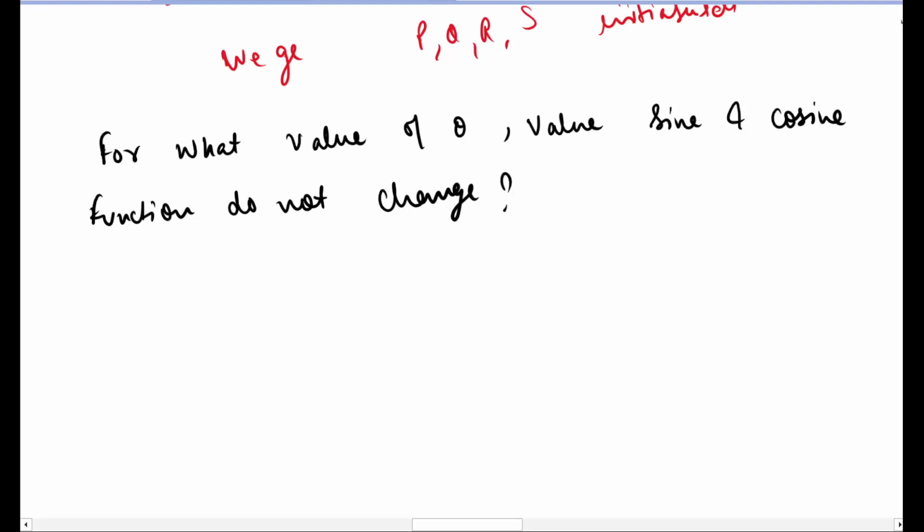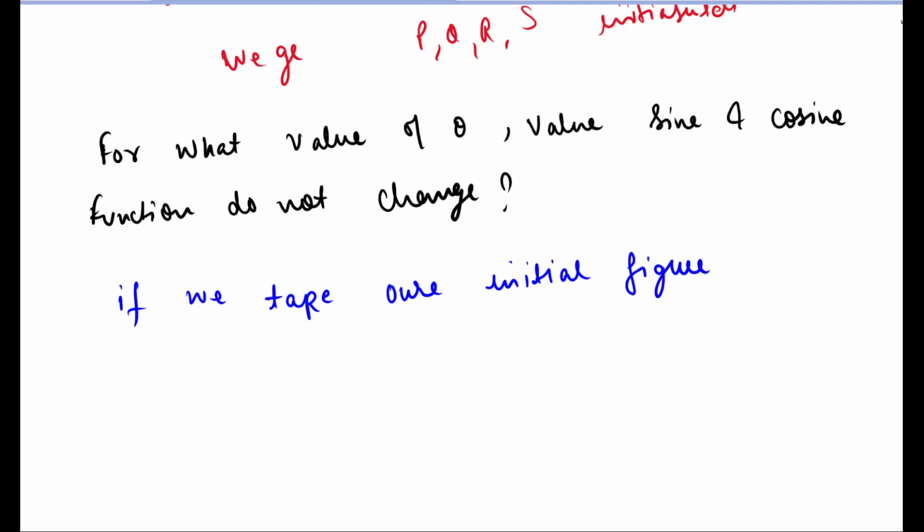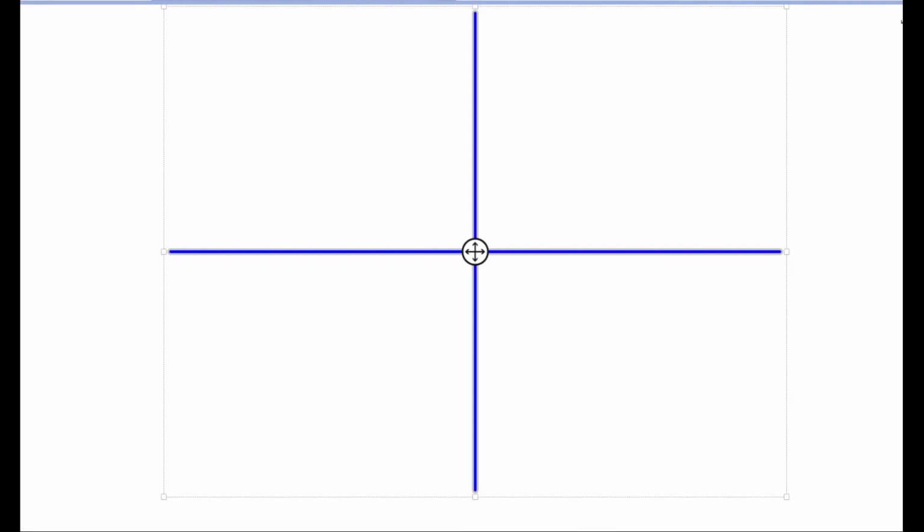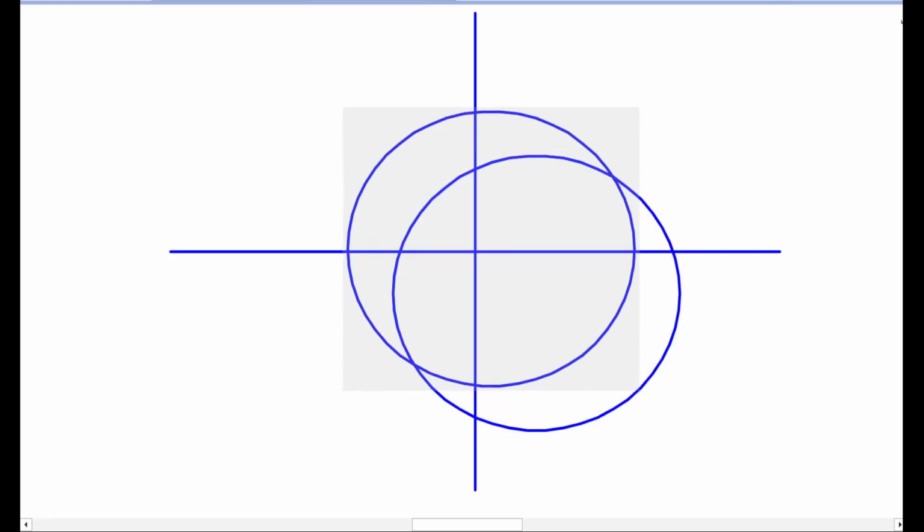So if we take our initial figure with points A, B, C, D, this is a Cartesian coordinate system, and this is a circle of radius 1 unit.